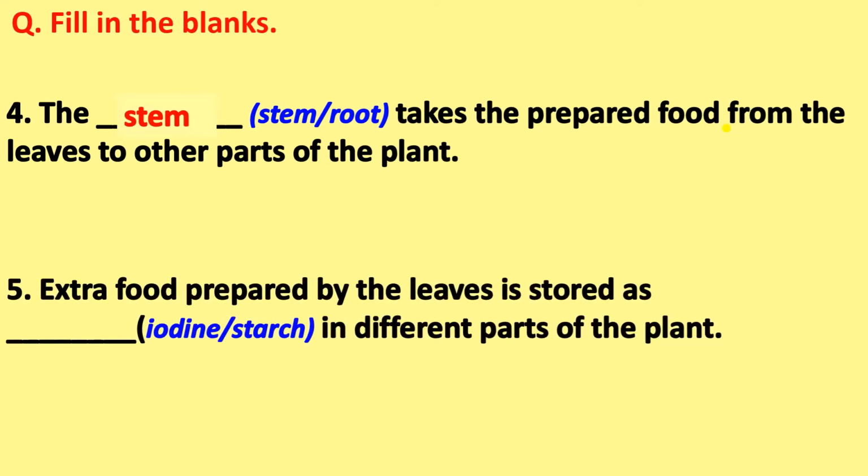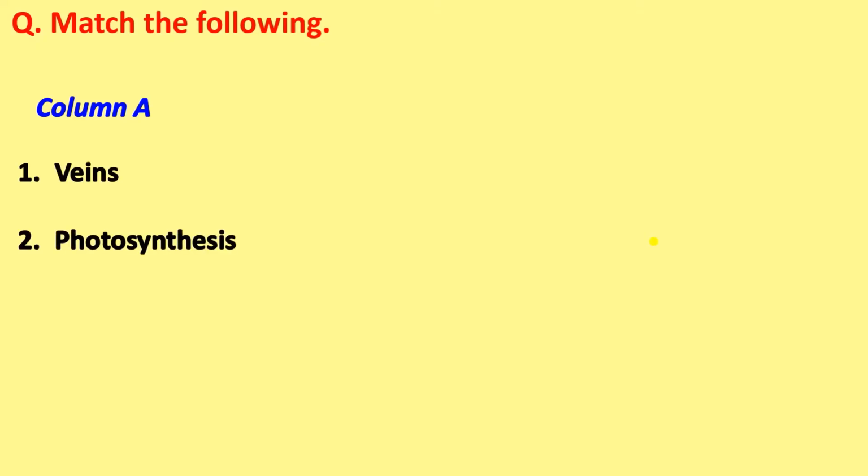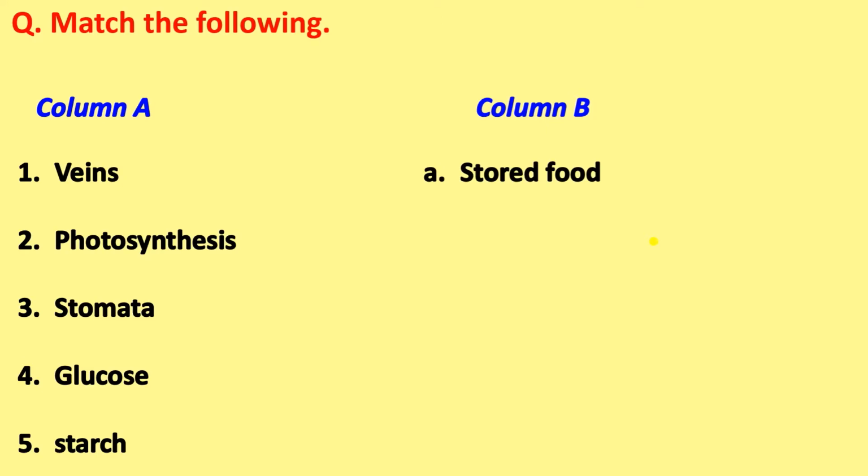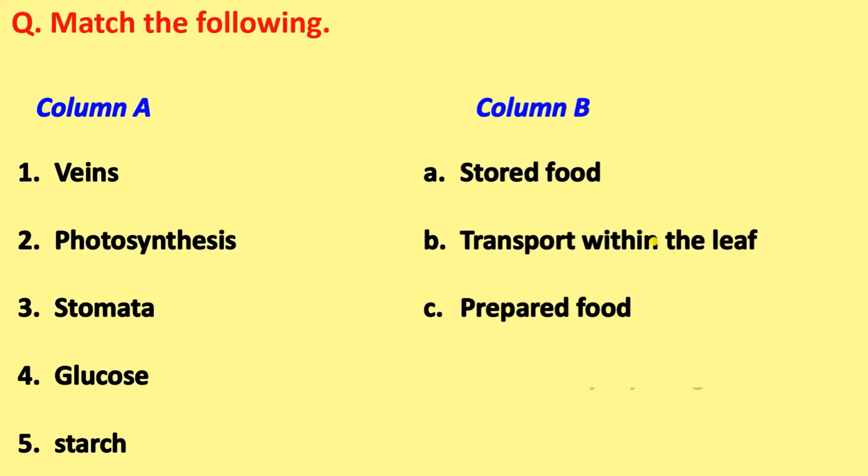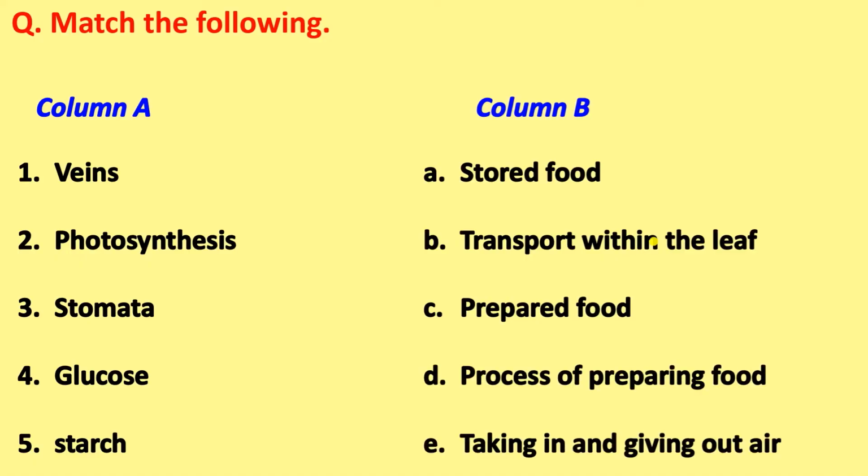Next, extra food prepared by the leaves is stored as dash in different parts of the plant. It is starch. Next question is match the following. Let us see the options in column A. Veins, photosynthesis, stomata, glucose, starch. Column B. Stored food, transport within the leaf, prepared food, process of preparing food, and taking in and giving out air.